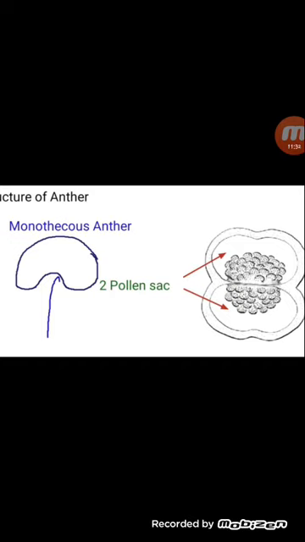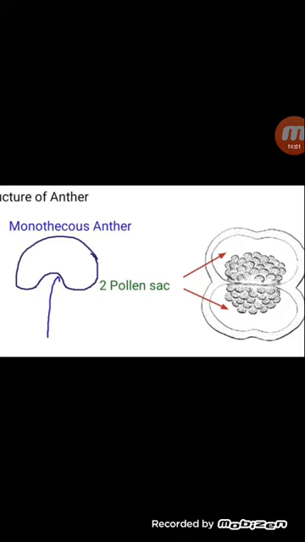Now, anther can be dithecous, and in some flowering plants it can also be monothecous. If it is a monothecous anther, how many pollen sacs will be there? There will be 2 pollen sacs.